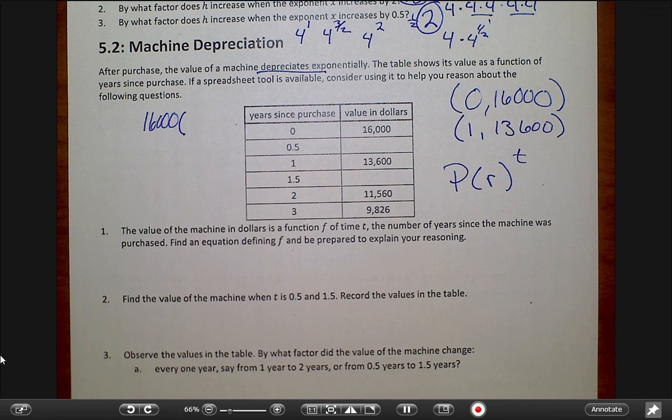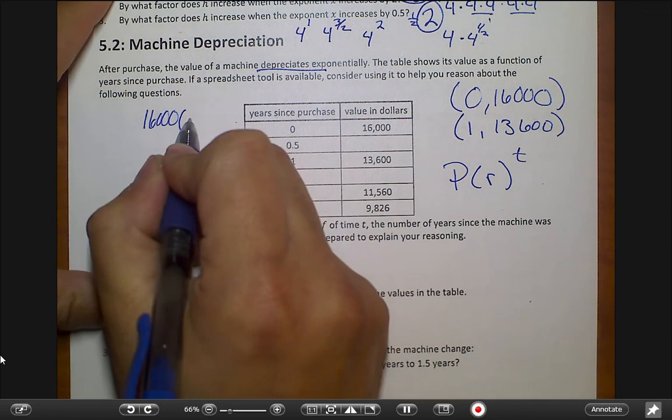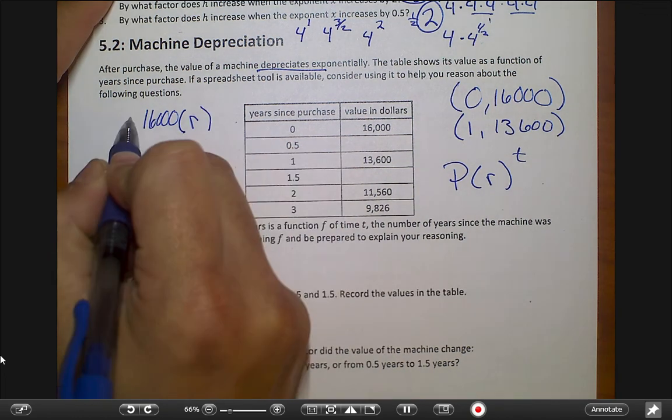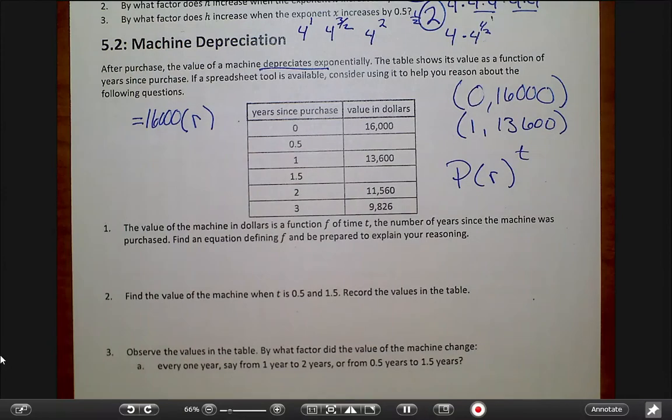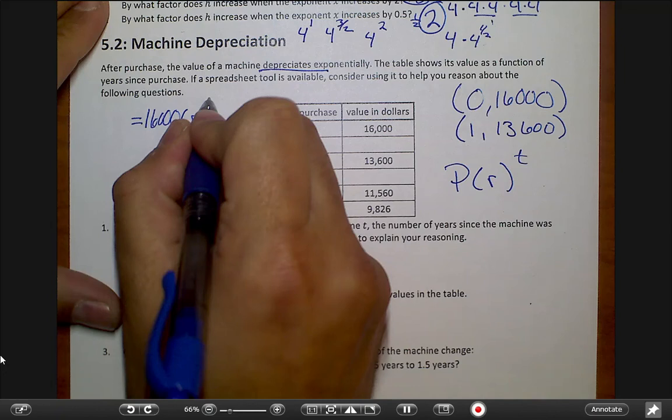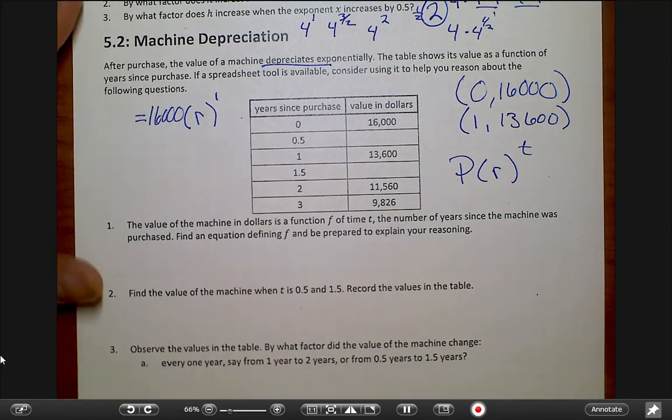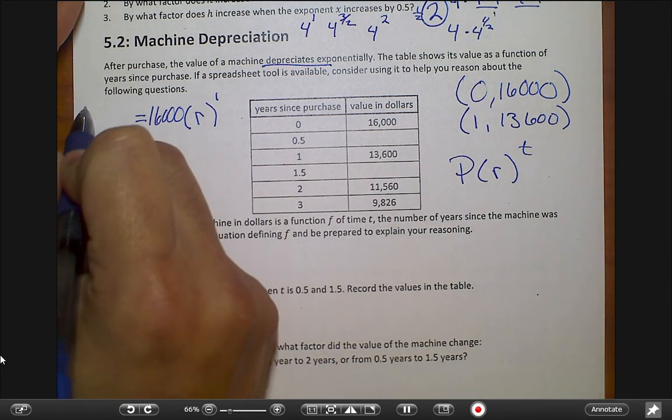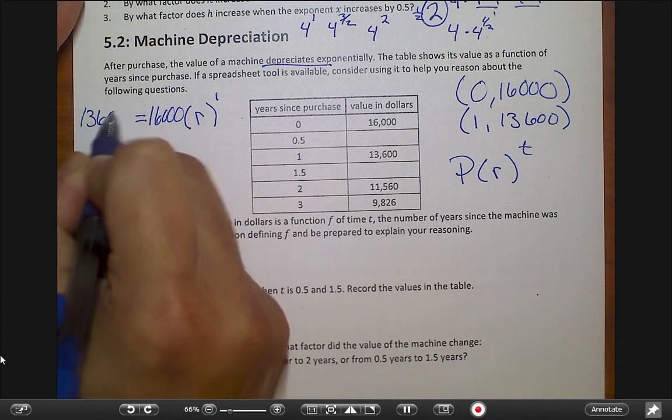I do not know R. So that's where I start off. Now, at this point, I use the second point. What is my time going to be? 1. And what is my output value? 13,600.